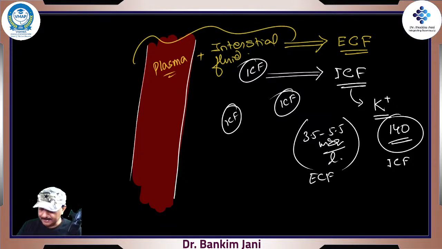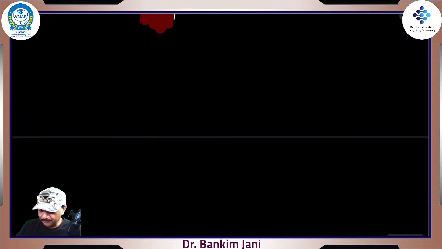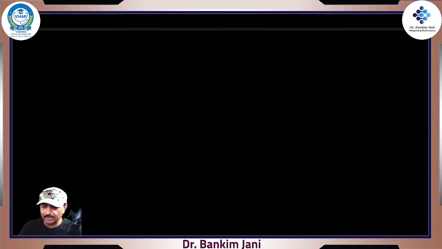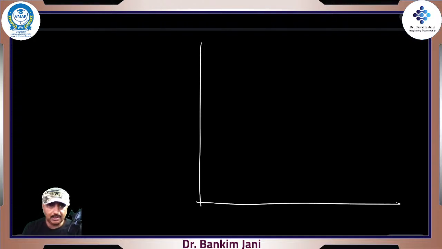Okay, let me give you one situation, and then we'll see what really happens, purely on the basis of a graph. So we draw something. Now you know what this is, right? This is like a timeline, and this is millivolt.